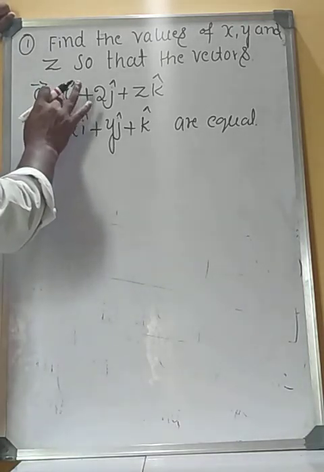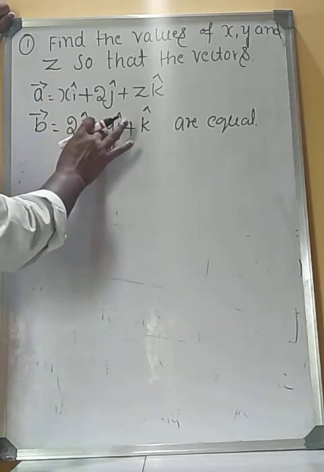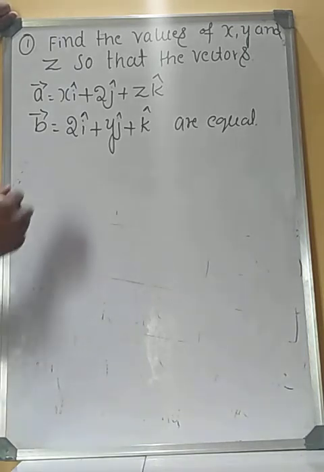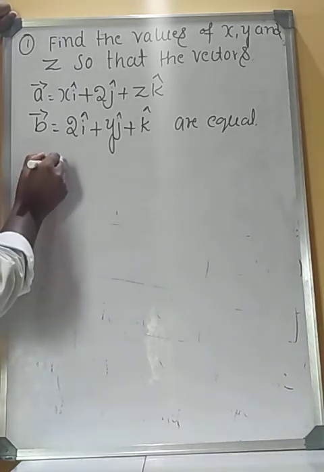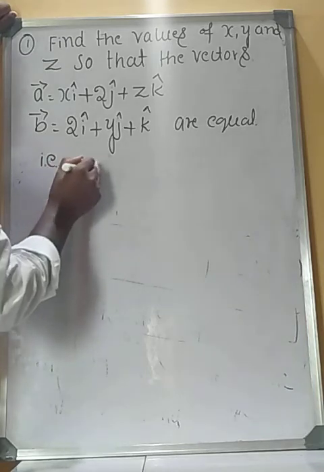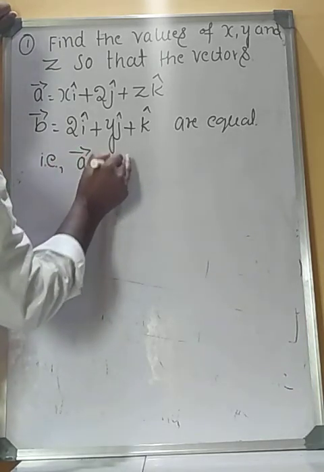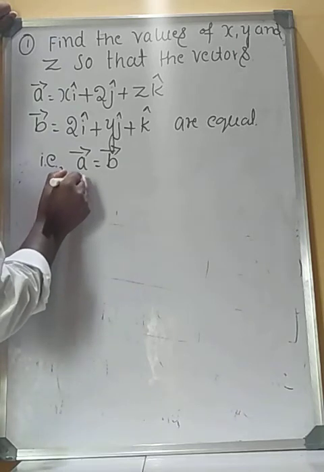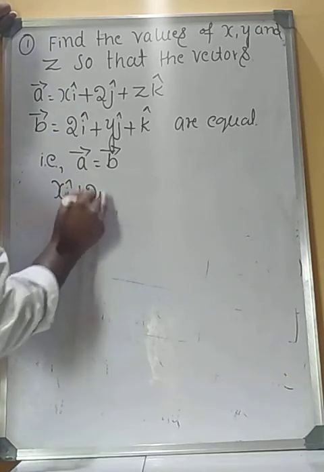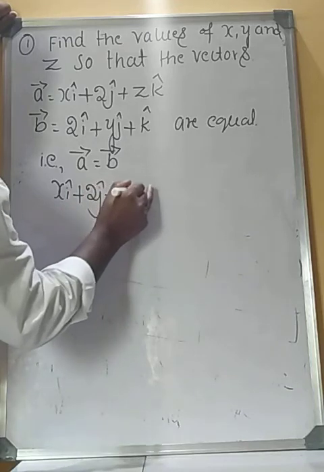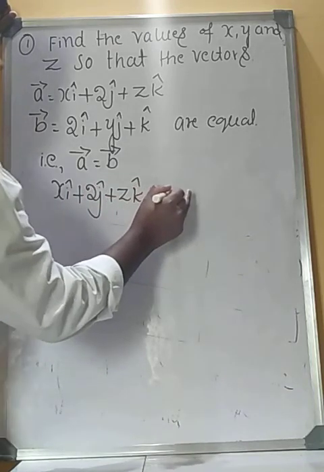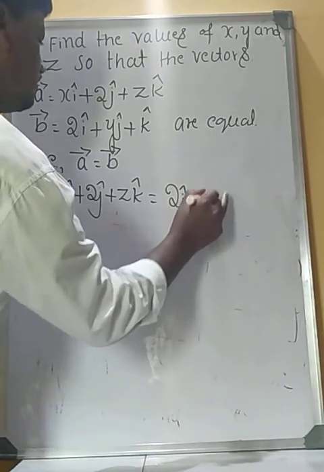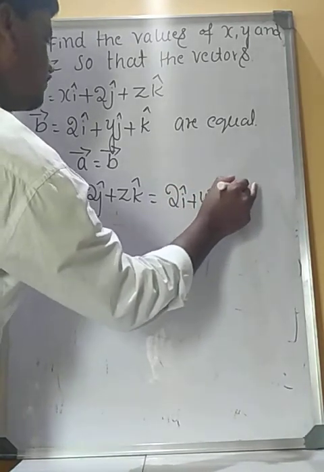That is, vector A, xi plus 2j plus zk, is equal to vector B, 2i plus yj plus k.